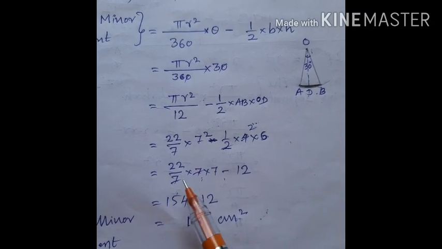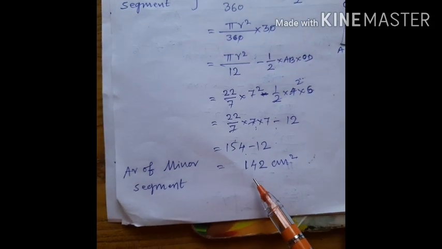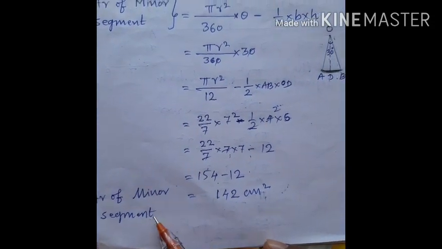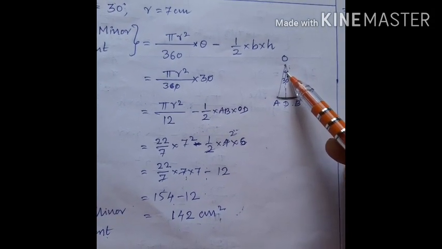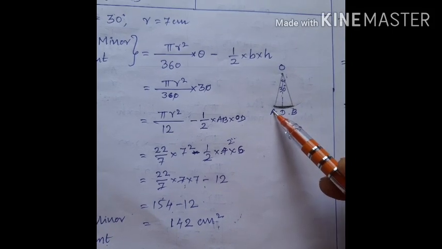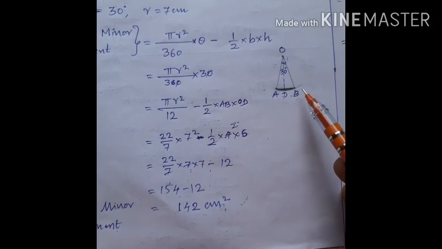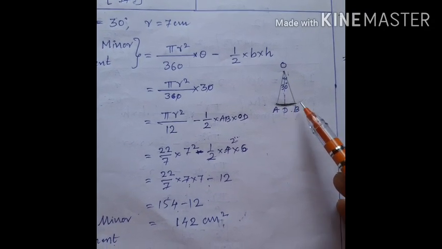The 7s get cancelled and 22 sevens are 154, minus 12 is equal to 142 centimeters square. Therefore, the area of the minor segment whose central angle is 30 degrees and radius is 7 centimeters is 142 centimeters square.